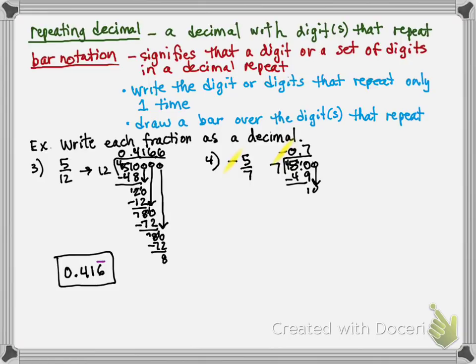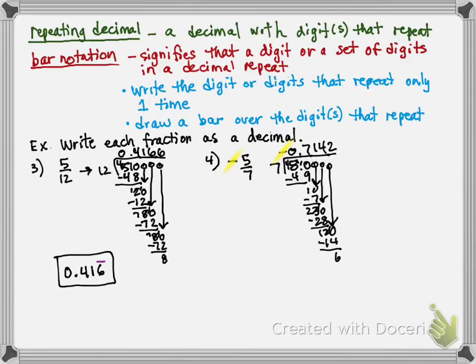Annex another 0. And 7 goes into 10 once. And the difference is 3. Oh, still a remainder here. Annex another 0. 7 goes into 30 4 times, which is 28. Subtract. Get a difference of 2. Annex another 0. 7 goes into 20, just shy of 3 times, twice, which is 14.